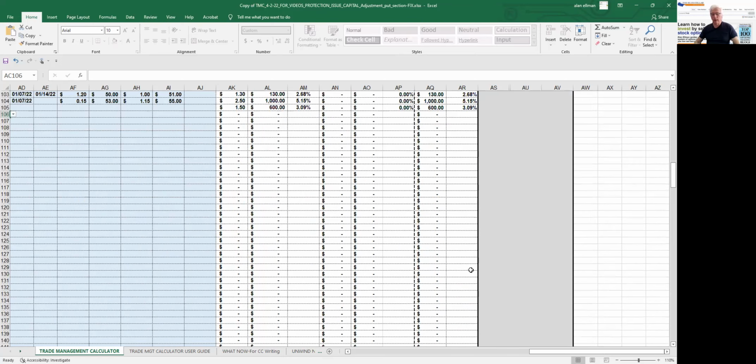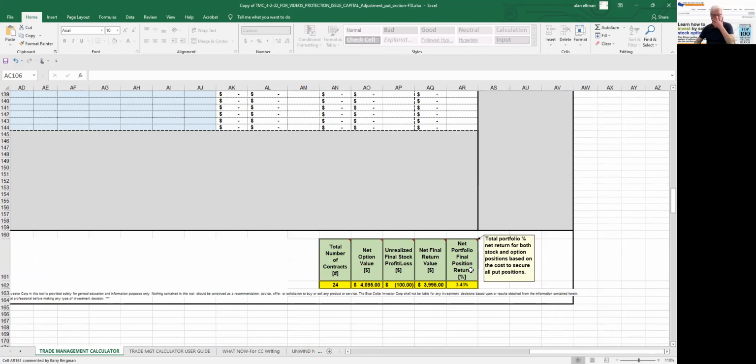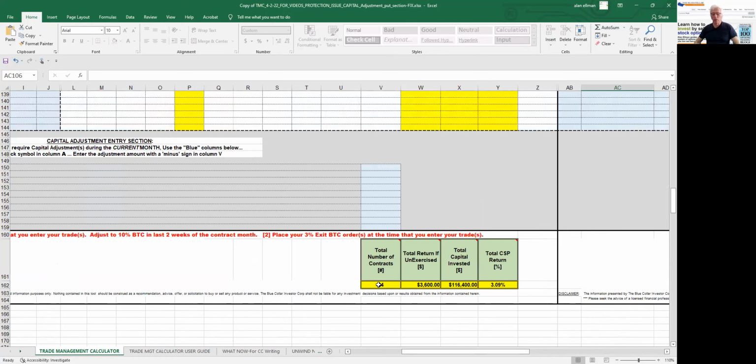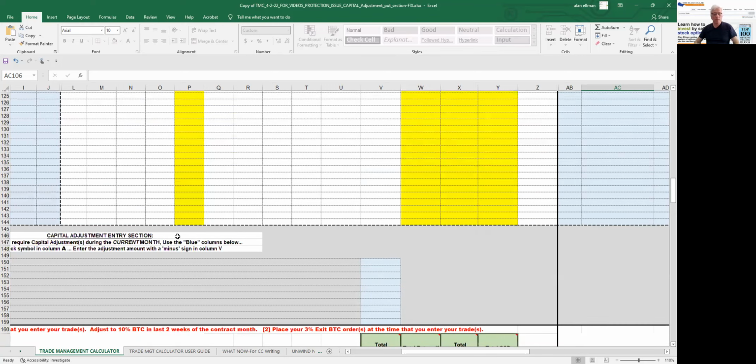And then if we scroll down to the bottom of the spreadsheet, you will see the total portfolio post-adjusted final returns, the net option dollar amount received, unrealized stock loss, the net combined dollar profit, and percent return. And that will be the final one. Section 2 will give you your initial portfolio returns in terms of dollar amount and percentile as well. All right, let's go back to the top now.